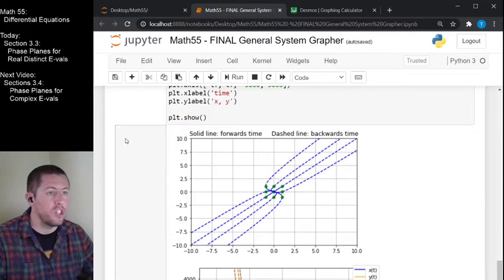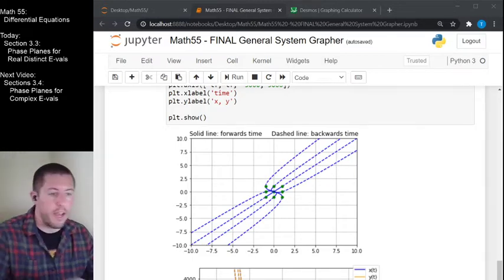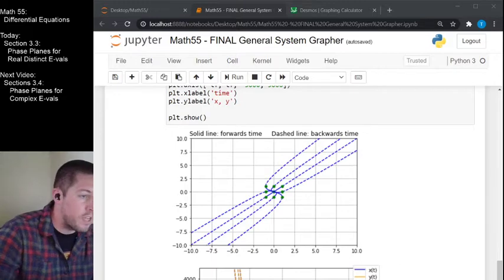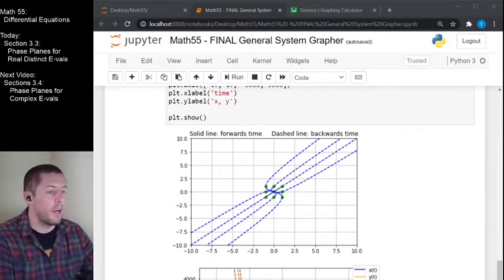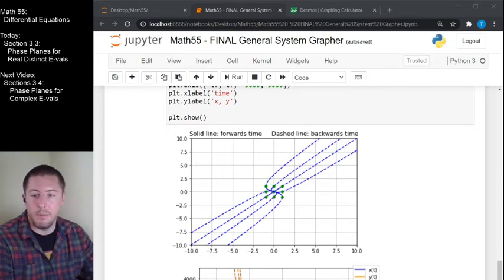And so it looks like our general rule of thumb here is that in a sink or a source, you're always able to easily graph your two straight line solution curves. It is not always easy to graph your solution lines, but the curvy parts of them are a little bit less obvious.